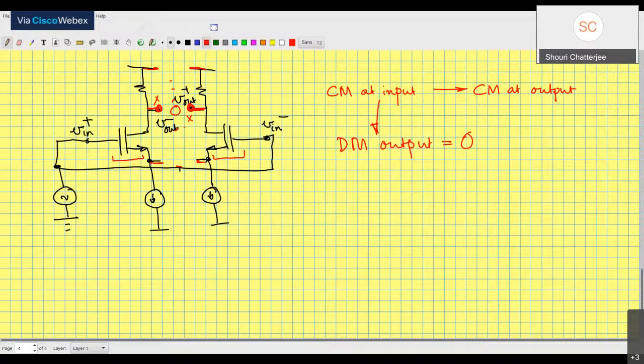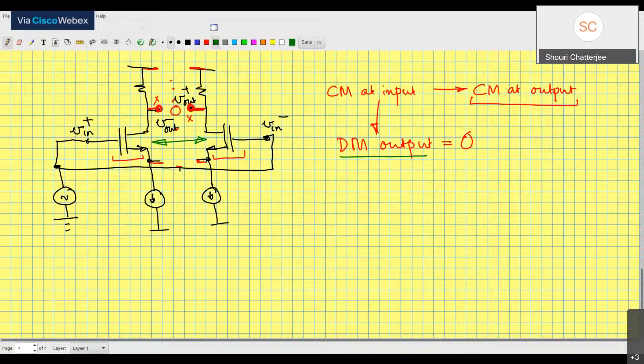Now, what is typically done is as follows. This is not really a rigorous answer. So what you find out is the common mode at the output. This is what we can rigorously find out easily through analysis. All right. And then you say that I can quickly estimate what is going to be the differential mode output. How do I estimate? I will ask how much is the mismatch between these two.